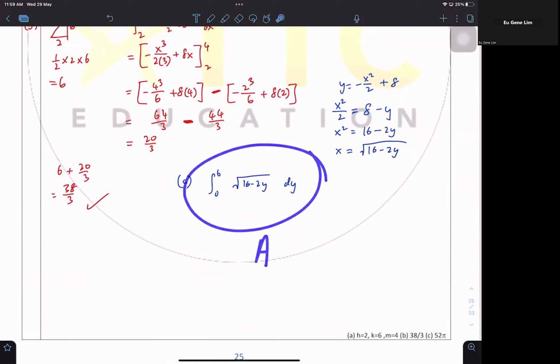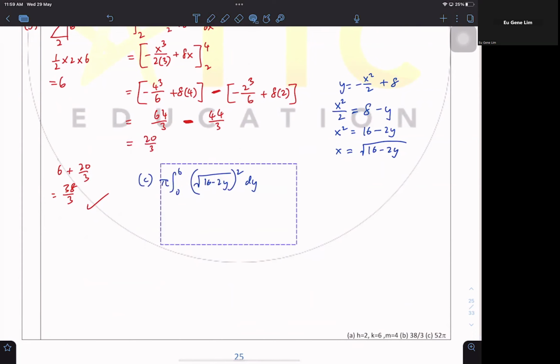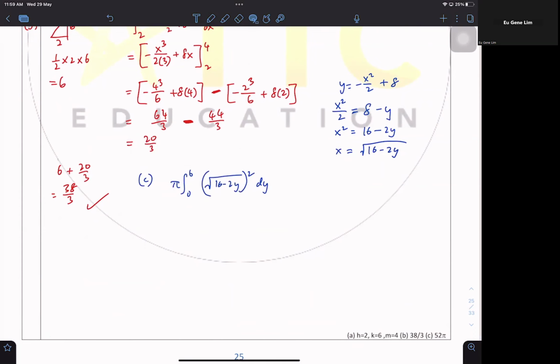To make it become volume, you need to add pi and square. Very good. So if you want to find volume, you first think about area. It's the same concept. Just add pi and square.